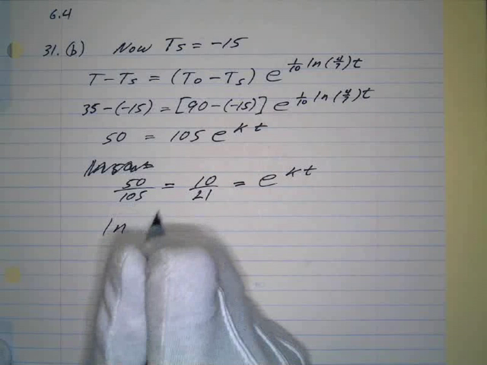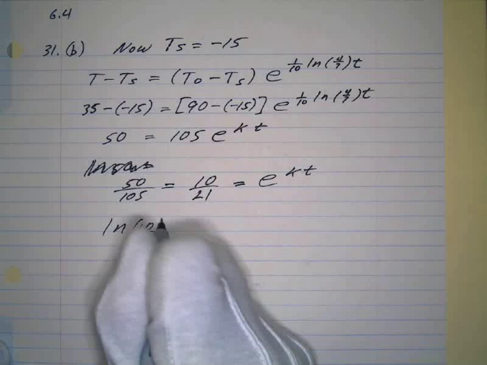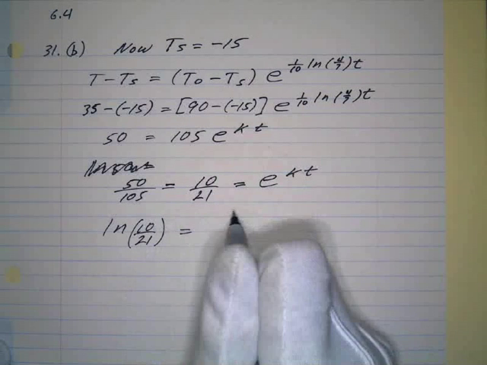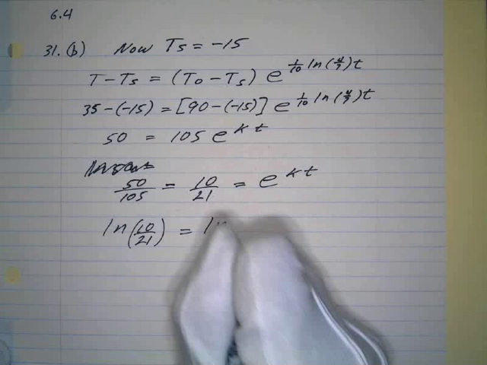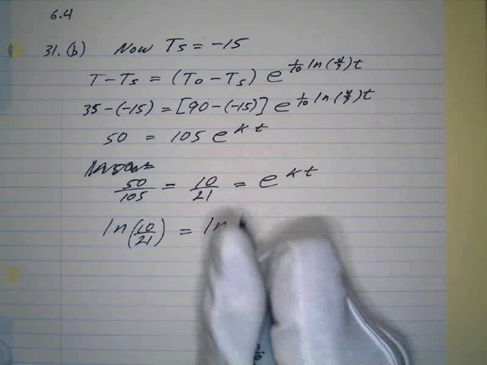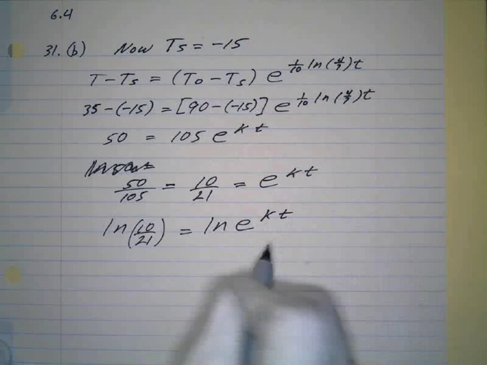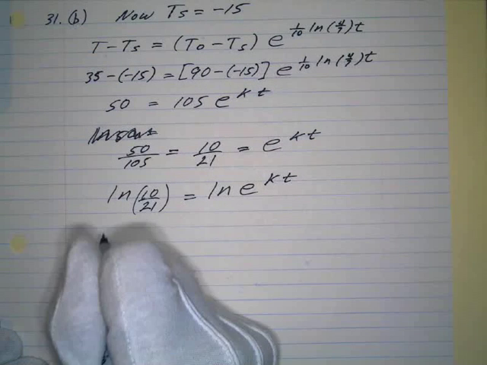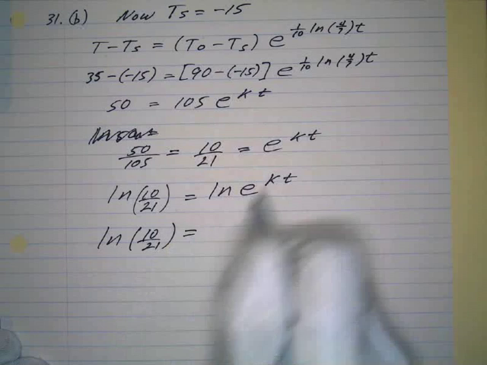So the natural log of 10 over 21 equals the natural log of e to the kt. And I can bring this exponent in front. So I got the natural log of 10 over 21 equals kt.